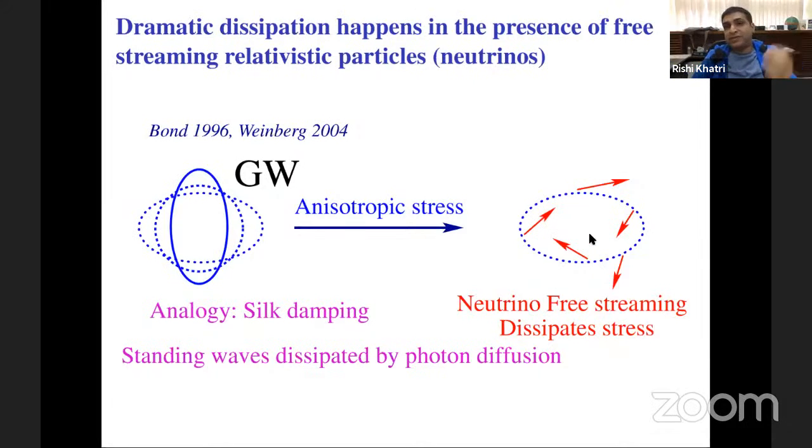But the neutrinos are free streaming, and they're streaming at the speed of light. So as soon as the gravitational waves generate anisotropic stress in the neutrinos, this stress immediately gets dissipated. This is similar to the dissipation of sound waves, the scalar modes, by photon diffusion, also known as Silk damping for the scalar modes.